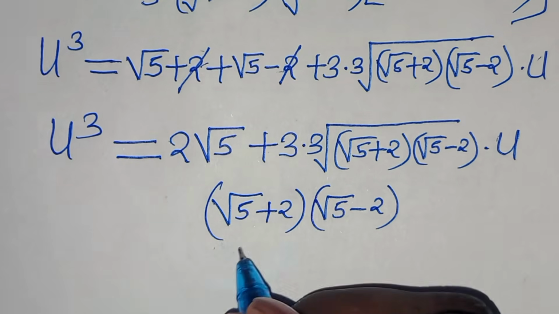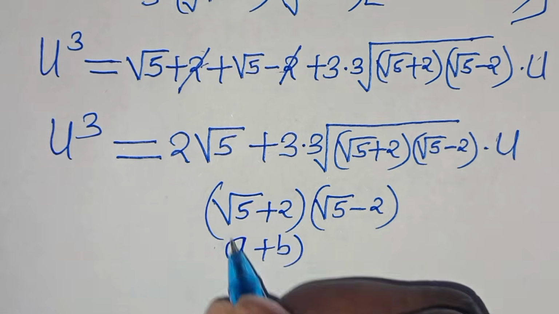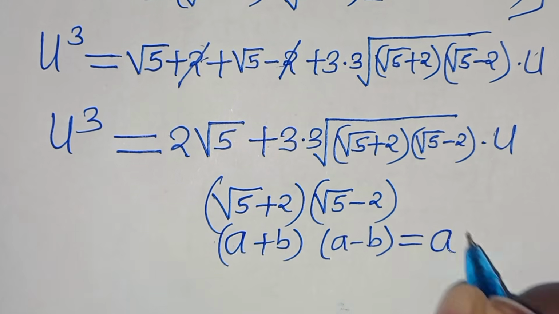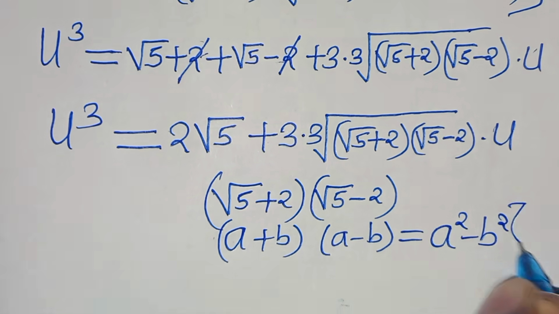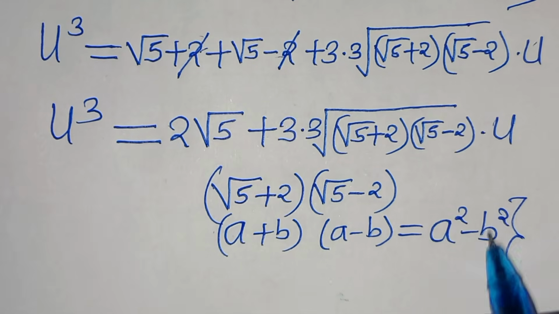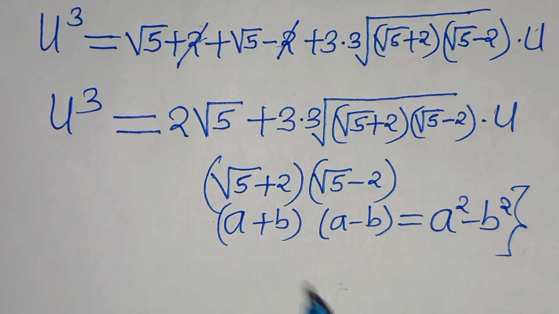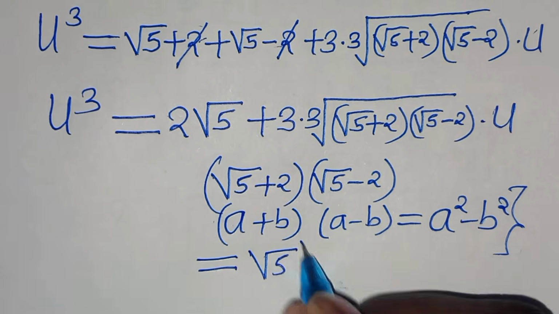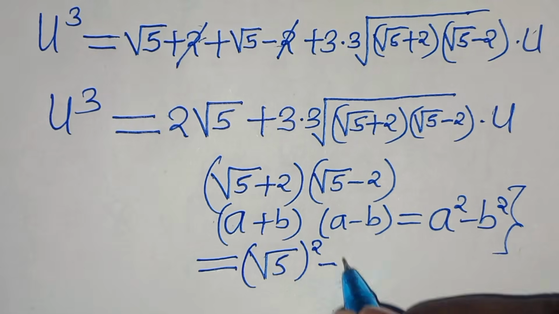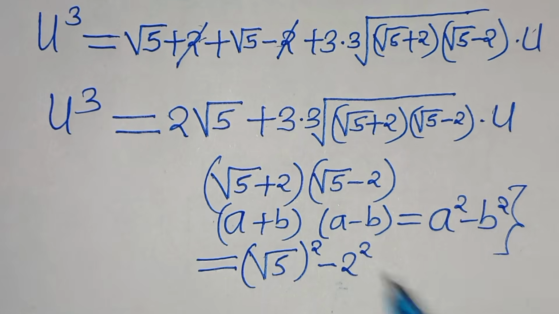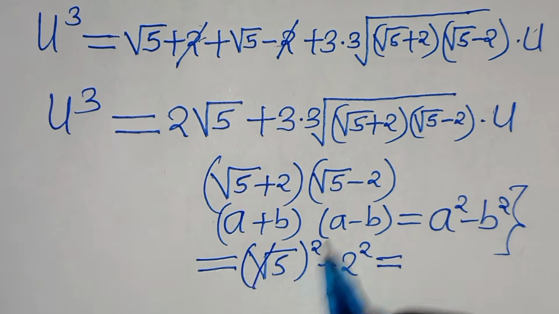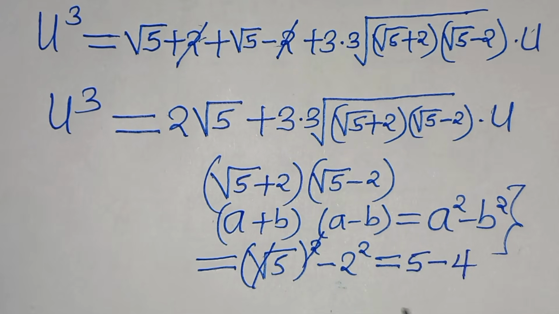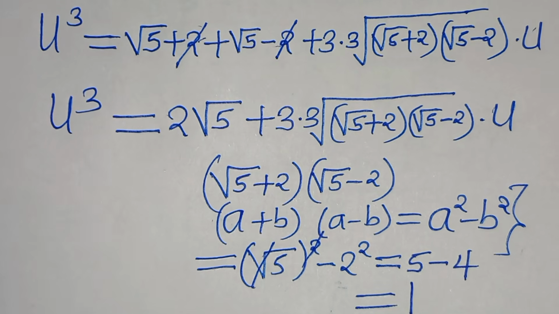Remember, this is in the form of (a plus b) multiplied by (a minus b), which you can express as a to the power of 2 minus b to the power of 2. This is the difference of two perfect squares. So this implies that we have square root of 5 to the power of 2 minus 2 to the power of 2, which is 5 minus 4, and this is equal to 1.